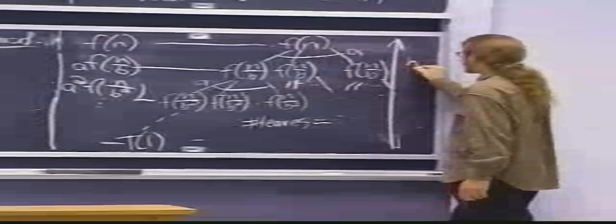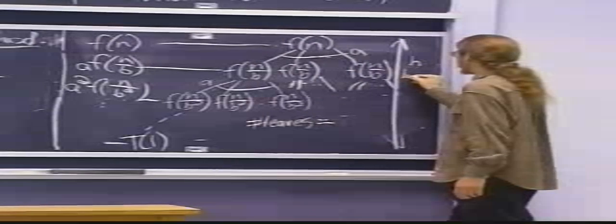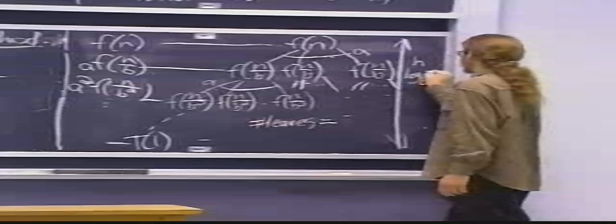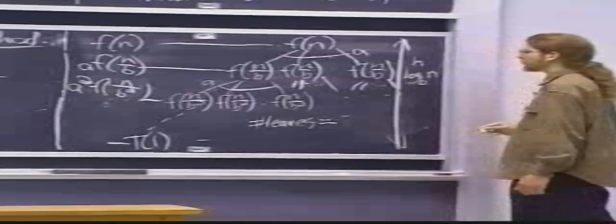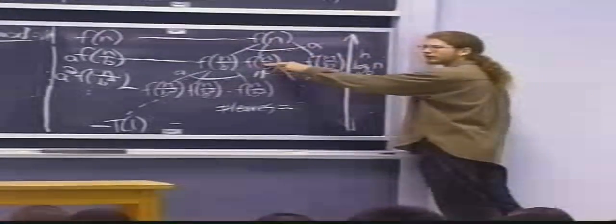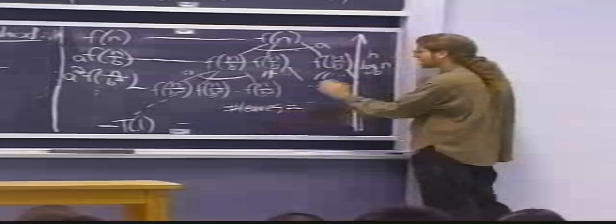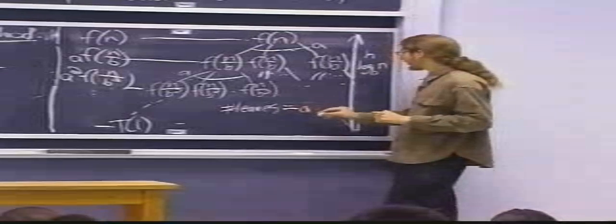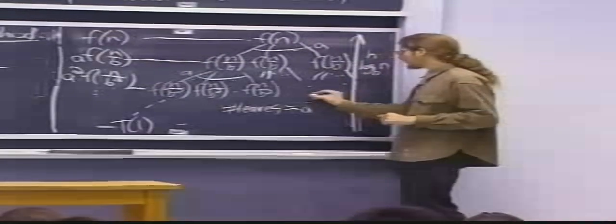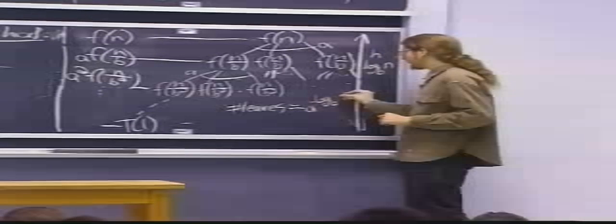The height h is log base b of n, because at each level we're taking the argument and dividing it by b. So how many times do you have to divide the argument by b until you get to 1? That's log base b of n. So the number of leaves is a to the power of the height, which is log base b of n.